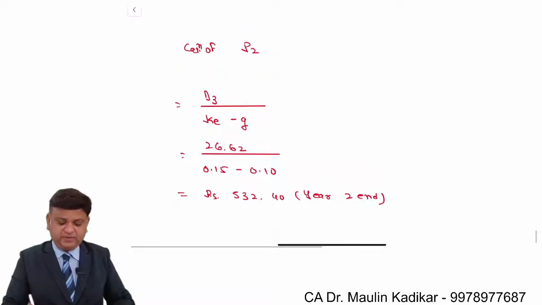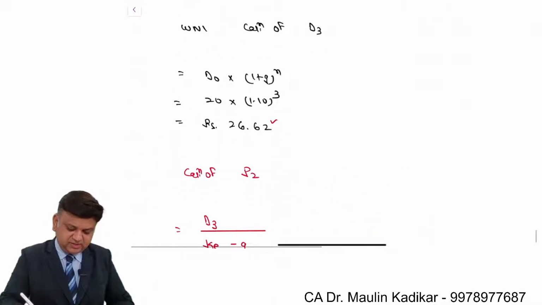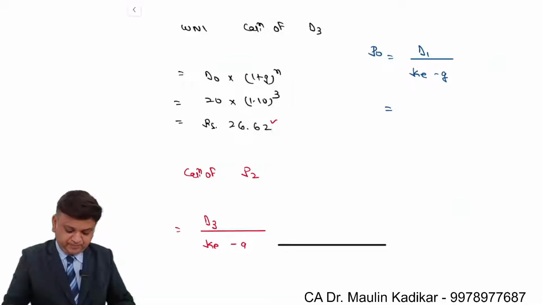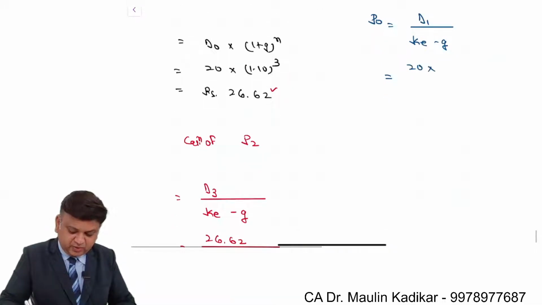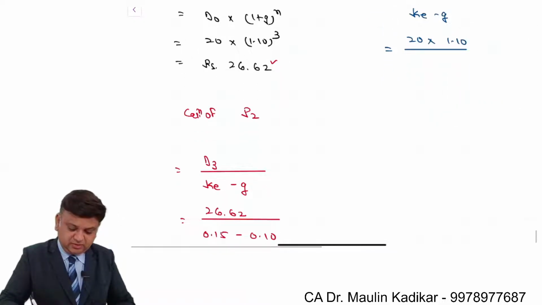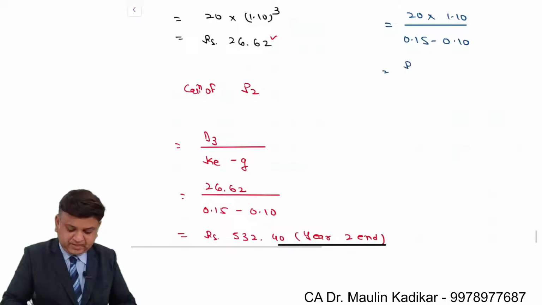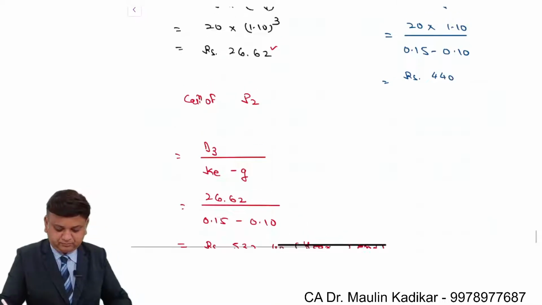Just for your understanding, you don't have to write this. P0 is equal to D1 divided by K minus G. If you compute P0, then it is 20 rupees into 1.10, divided by cost of equity minus growth rate, 0.15 less 0.10. So 20 into 1.1 is 22, divided by 5%. That comes to rupees 440.